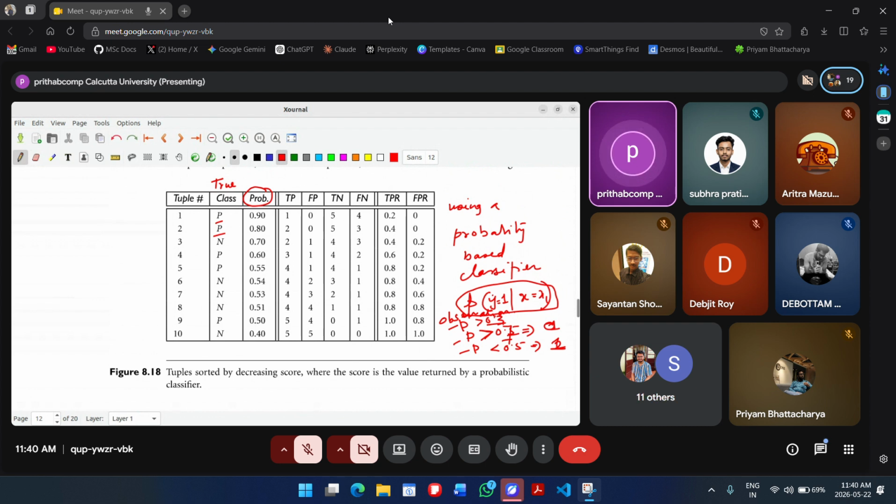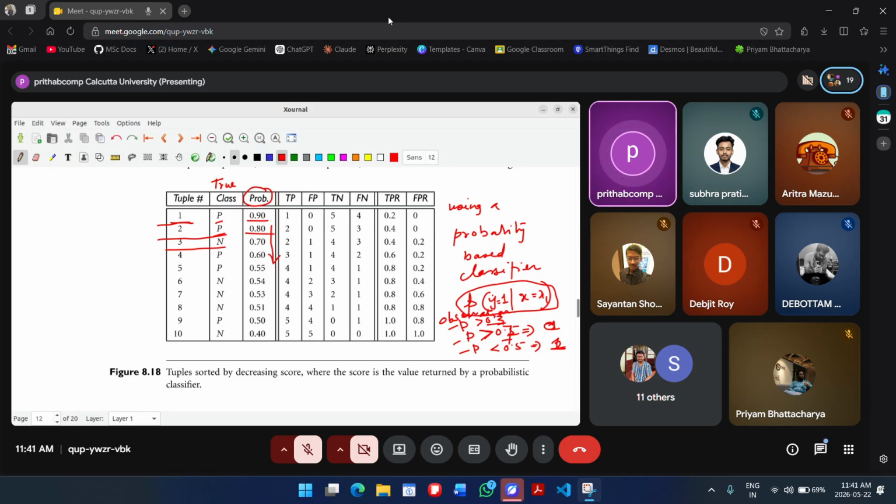Let's say that by some classifier model, for this tuple, you have predicted this probability. These are the probabilities you have got from a particular model, and you will see that these probabilities are sorted in decreasing order. For each of these I have an observation in the plot.